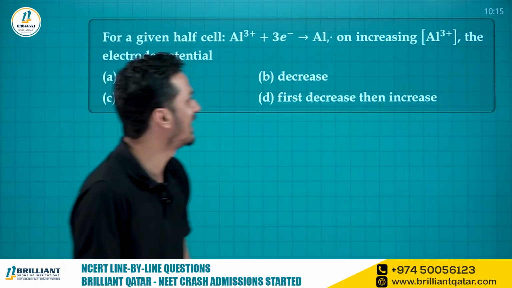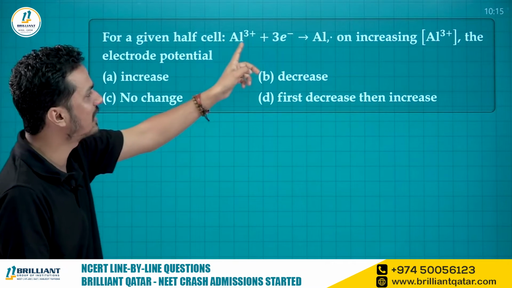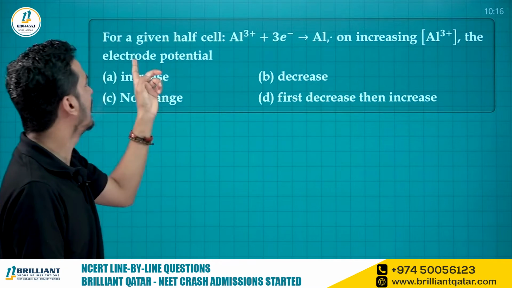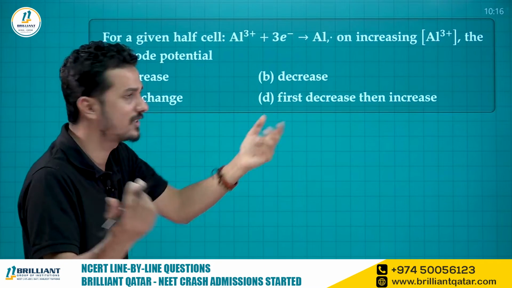So this is the next question, guys. What's the question? For a given half cell, Al3 plus plus 3 electrons gives Al. On increasing Al3 plus, the electrode potential? This one we already did in the case of silver. Here also I am writing the same idea.